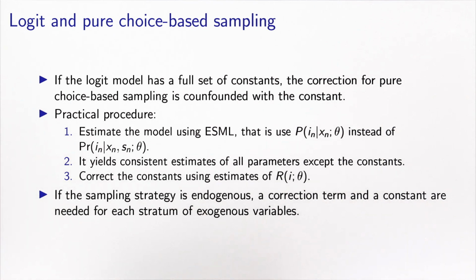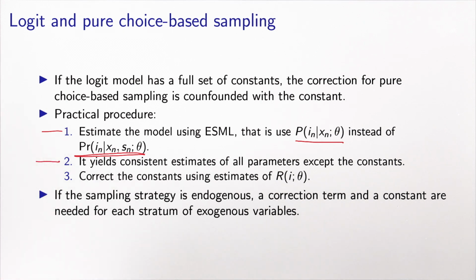And therefore, the practical procedure that I suggested in the previous slide is that you estimate the model using the classical exogenous sampling maximum likelihood estimator that we saw in the previous video, meaning that we were using the choice model instead of this contribution of CML of individual n.